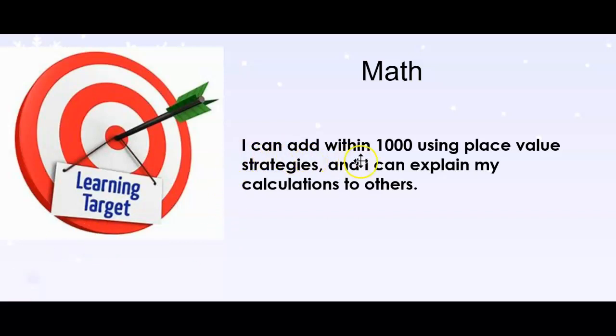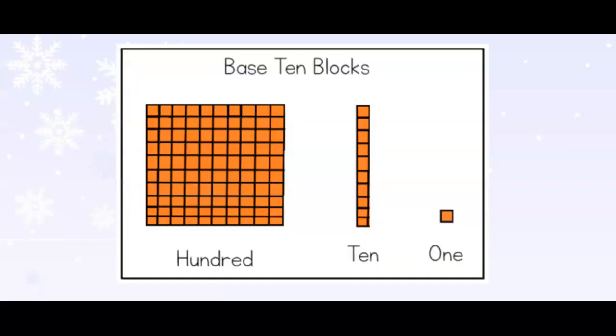I can add within 1,000 using place value strategies, and I can explain my calculations to others. Boys and girls, remember, we're using different strategies to solve our addition and subtraction problems.